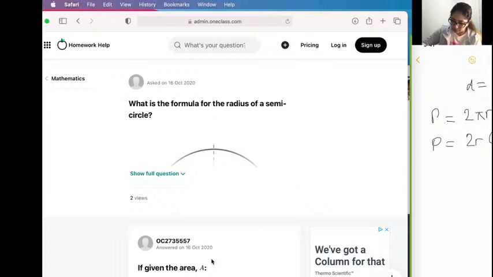So in order to isolate r, what we have to do is take everything to the other side. The easiest thing to do is to move the pi plus 1 to the other side, so it's going to be divided by pi plus 1, which is equal to 2r.